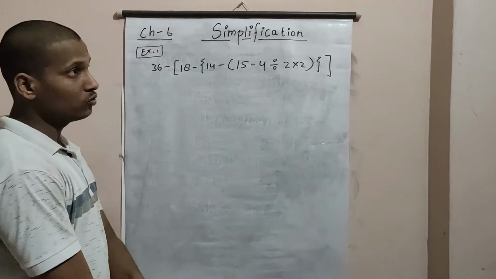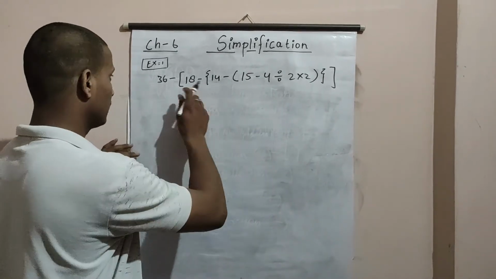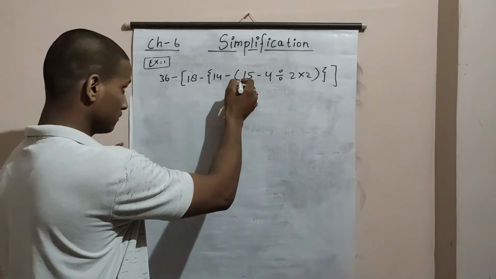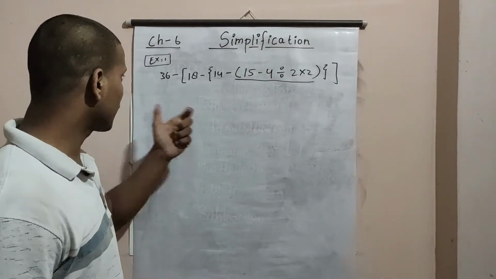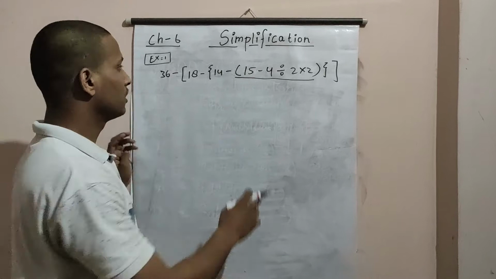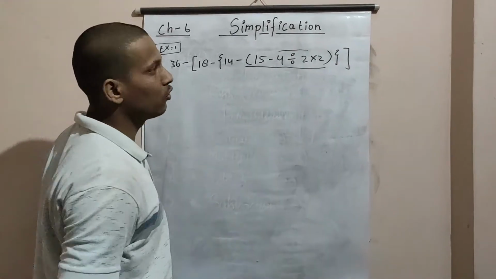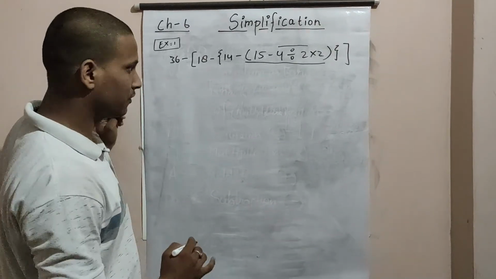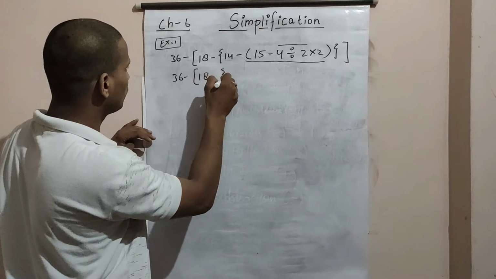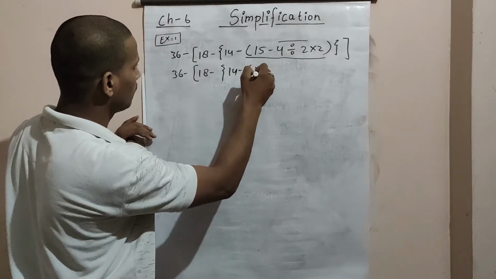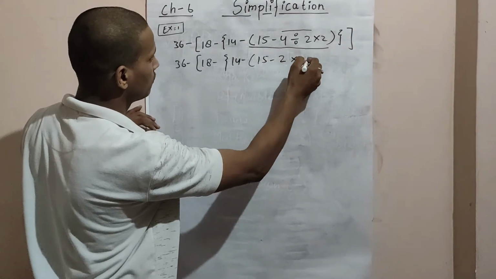Our BODMAS is saying that first we need to understand the brackets. Here all types of brackets are there. So first we need to solve this particular bracket. In this bracket we need to apply BODMAS again. So first we need to solve 4 divided by 2. Division is first, and rewrite all the values which you are not going to solve as they are. 4 divided by 2 is 2, then 2 cross 2.